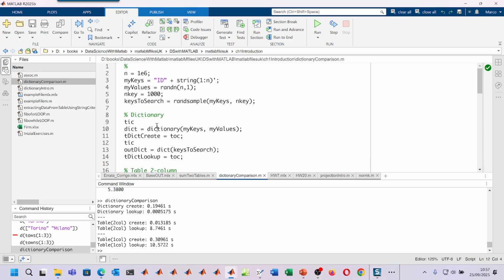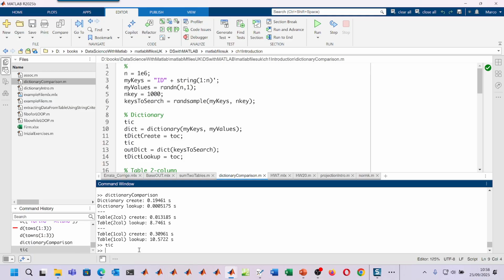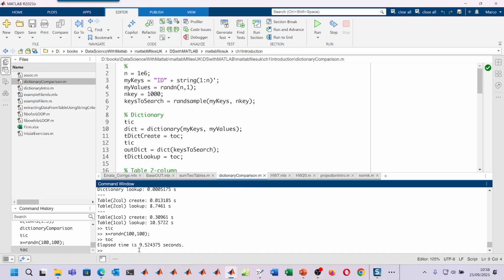How is this measured? With the instructions tic and toc. Let me tell you how they work. If you write tic, and then you do something, and then you do toc, then you measure the amount of time from the tic instruction.